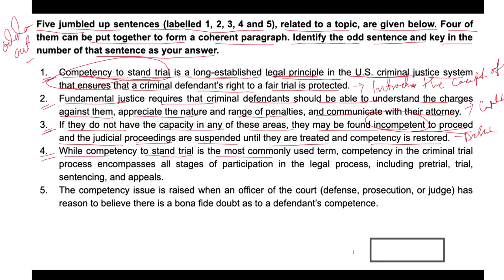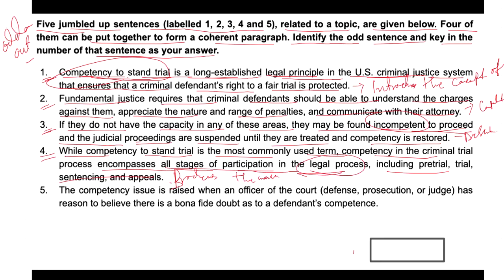Sentence four, which is stated: while competency to stand trial is the most commonly used term, competency in the criminal trial process encompasses all stages of participation in the legal process, including pre-trial, trial, sentencing, and appeals, right? And this one is indicating that it broadens the understanding of competency beyond just the trial phase to include all stages of the legal process, isn't it?